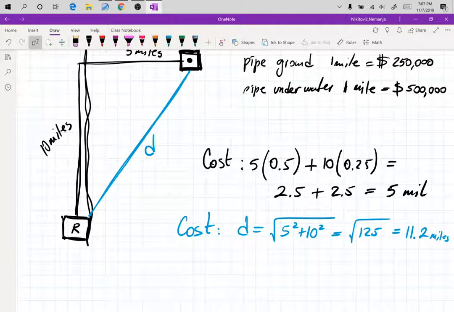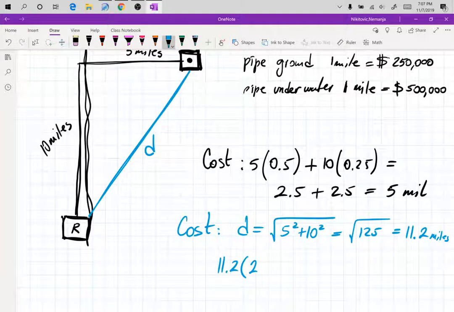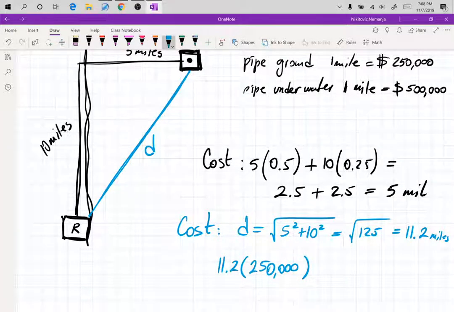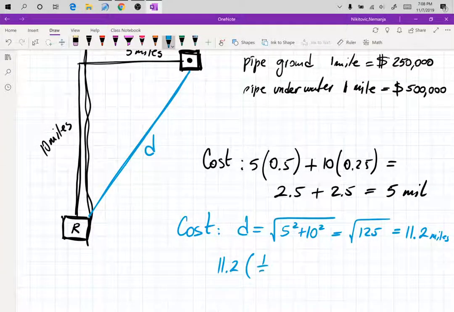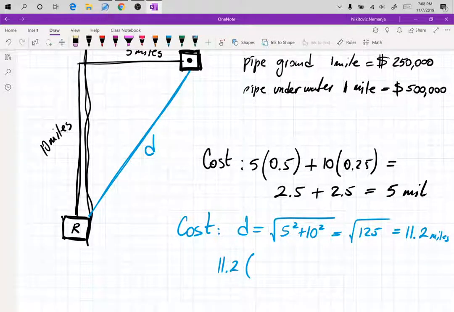So what's the cost? The cost is 11.2 miles times, since everything is underwater, $250,000. I was just making sure that you guys are paying attention. So we'll just put half, let's put 0.5 million, that's easier.